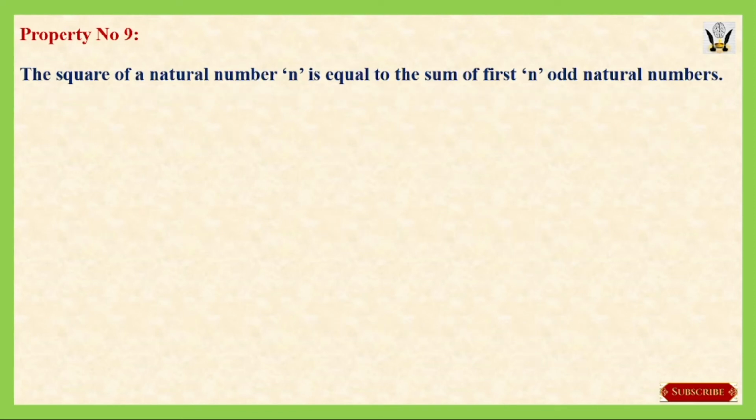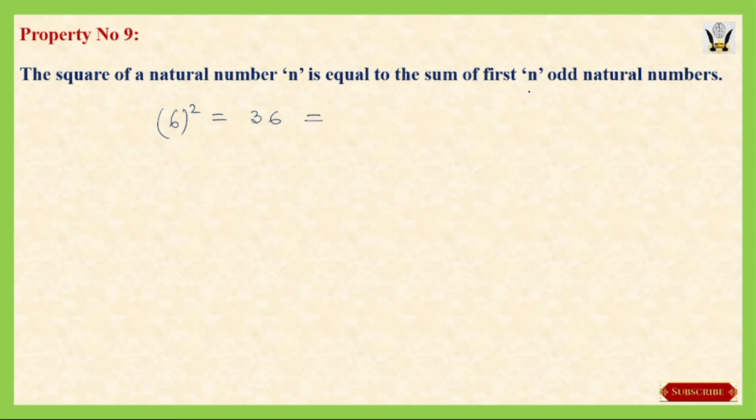Now the next property says the square of a natural number n is equal to the sum of first n odd natural numbers. Let's choose the natural number 6. So the square of 6 is 36.